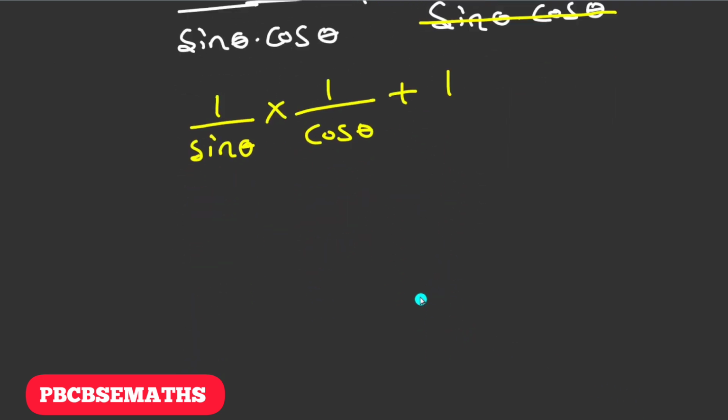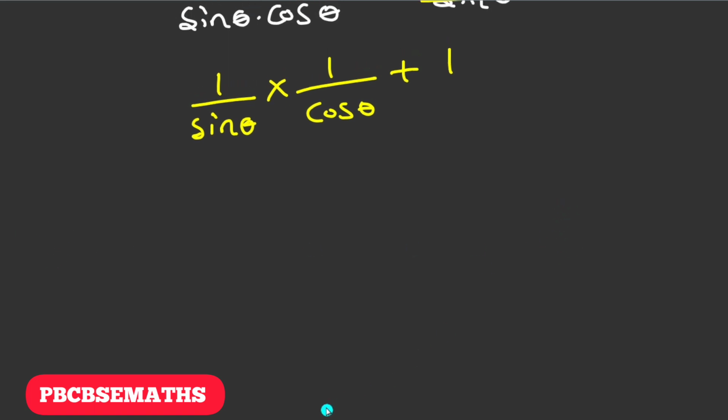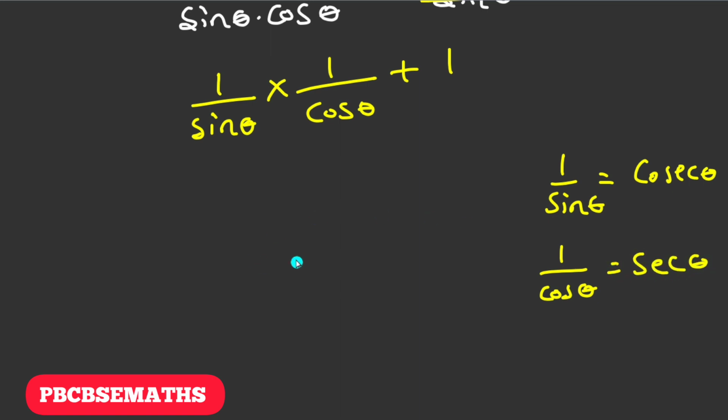Further, we know that 1 by sine theta is equals to cosec theta and 1 by cos theta is equals to secant theta.